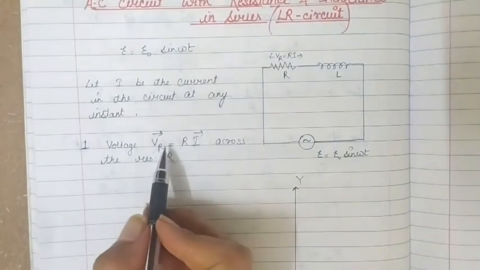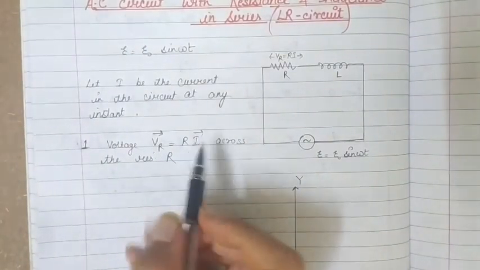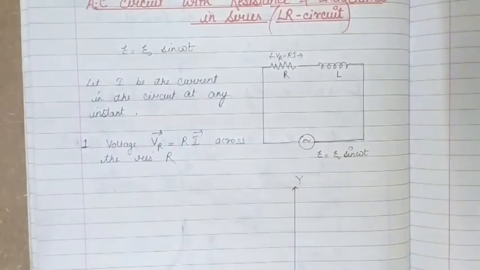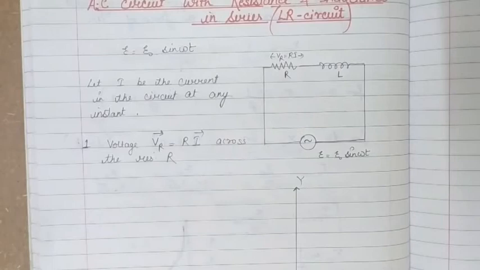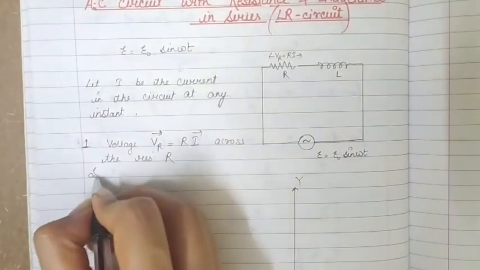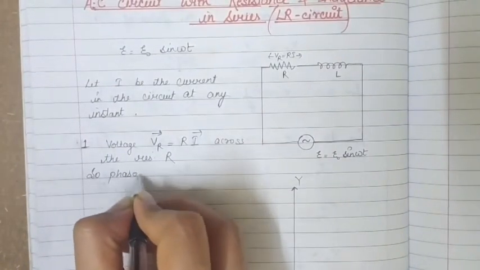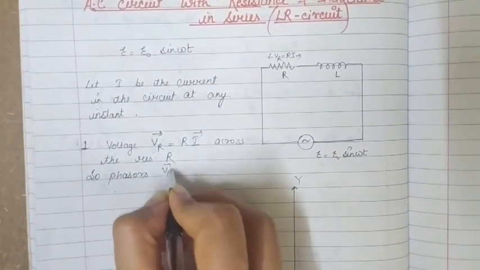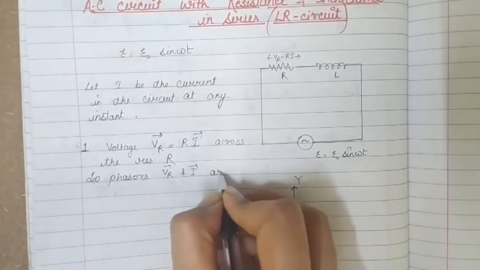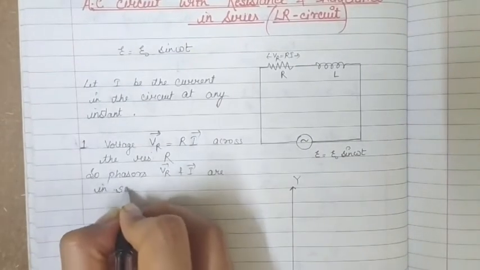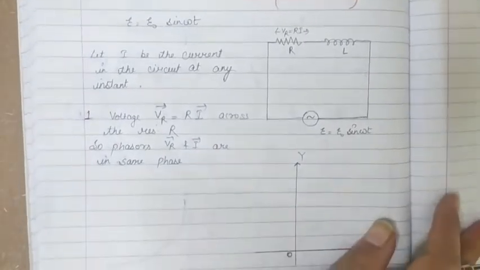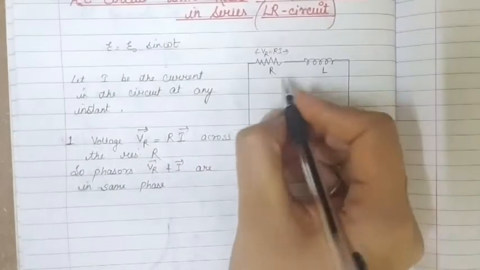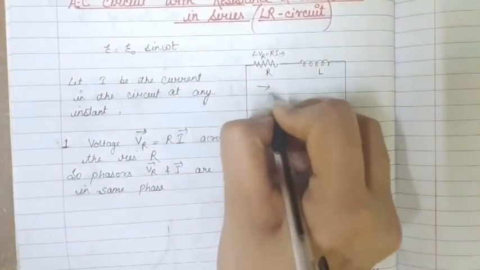Since it is a resistance, we know that both current and EMF, alternating current and EMF, are in the same phase. So the phasors VR vector and I vector are in the same phase or direction. We can show it like this: if this is I, then this is VR.